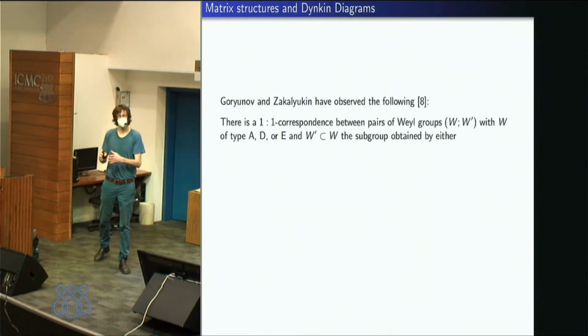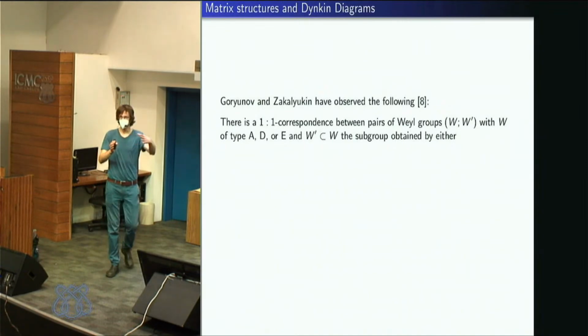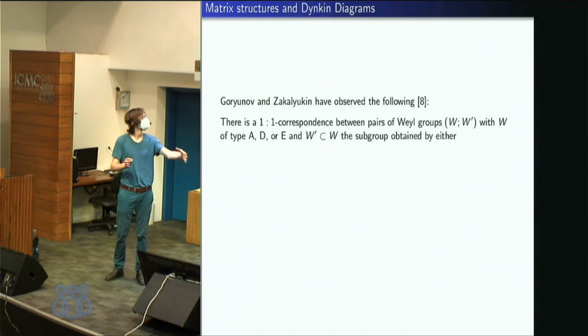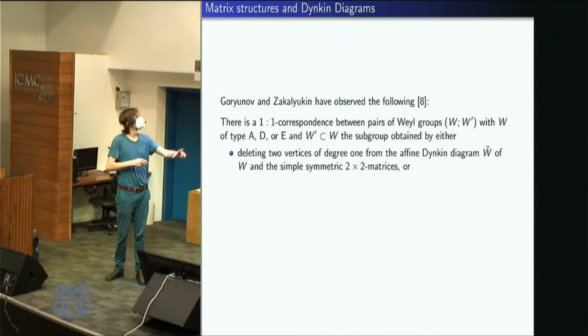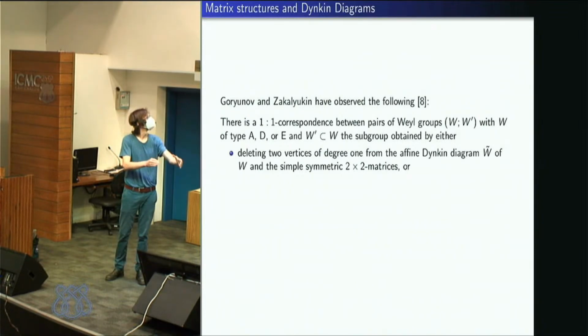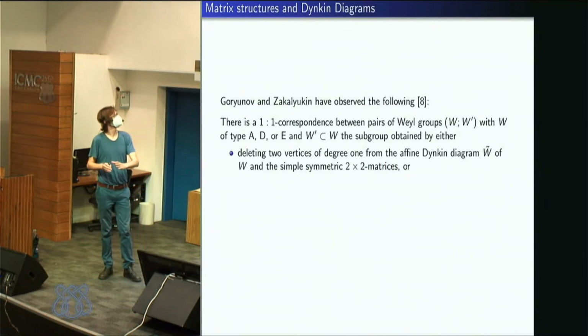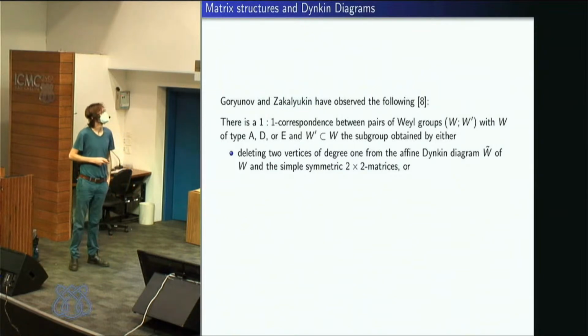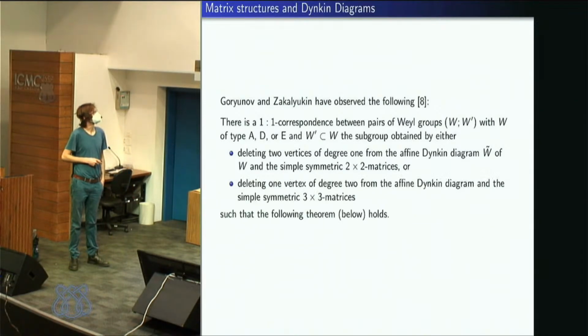And now the observation by Goryunov and Sakalyukin was the following. We have a one-to-one correspondence of specific pairs of Weyl groups and choices of matrix structures for the hypersurface singularities.